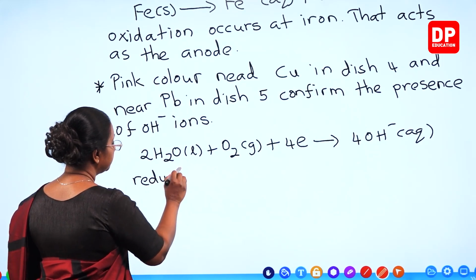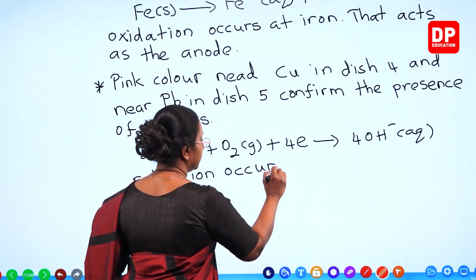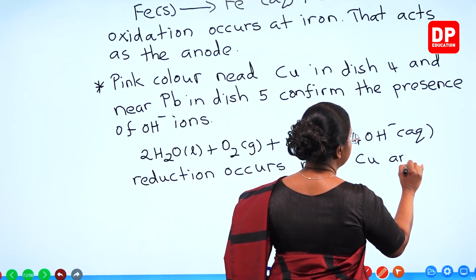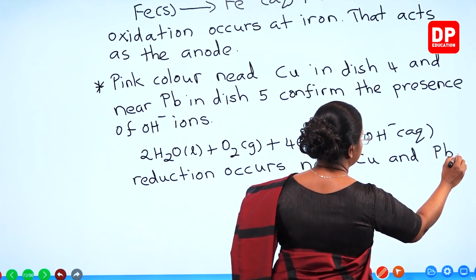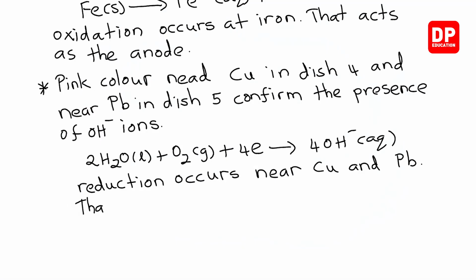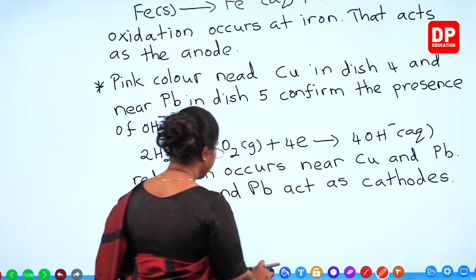Reduction reaction occurs near copper and lead. That is, copper and lead act as cathodes. What is the reason?